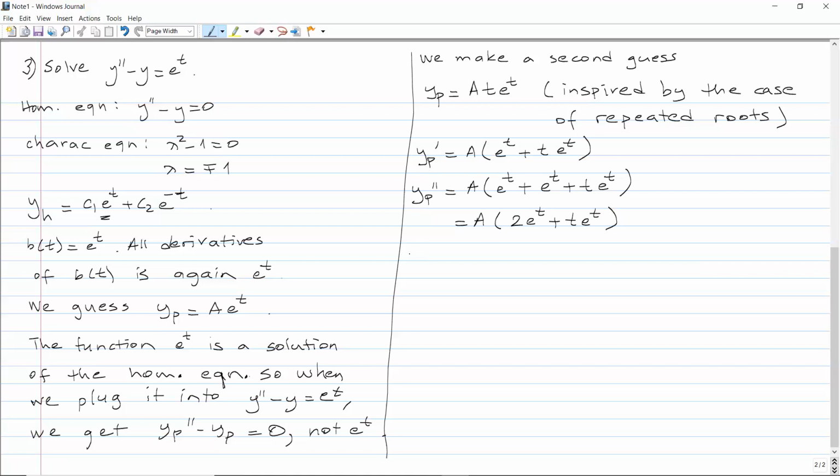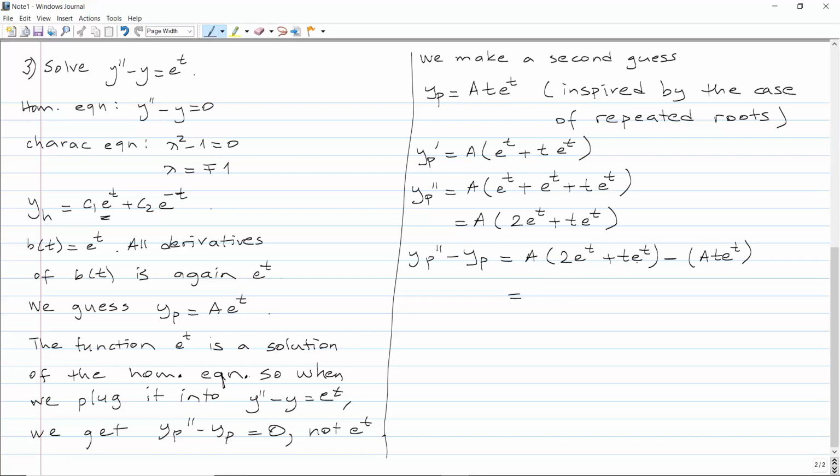So when we plug it into the equation, the second derivative of y minus the function: the second derivative is a times 2e to the t plus t e to the t, minus the function itself, a t e to the t. So you see, in this case, the term with t e to the t cancels out.